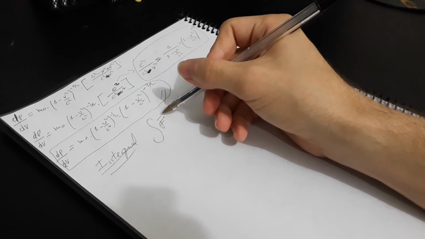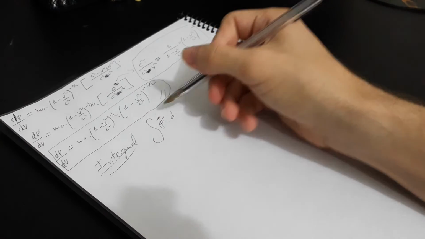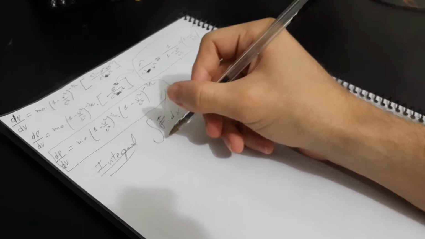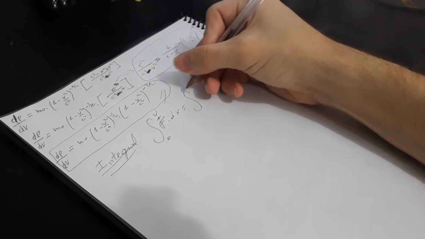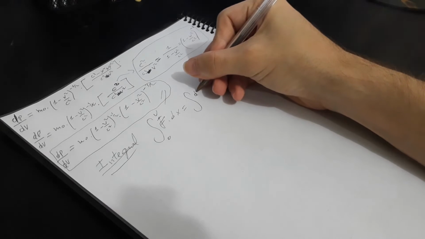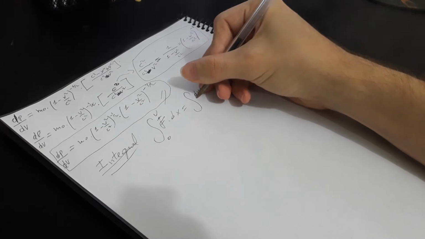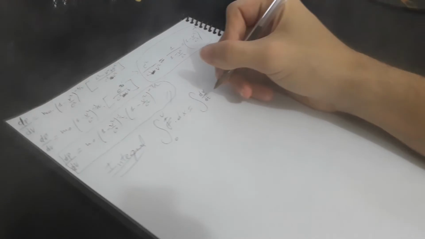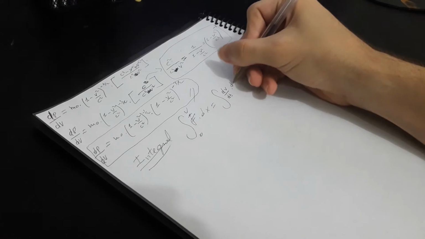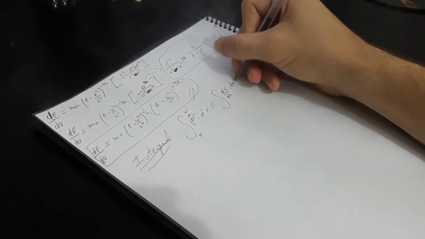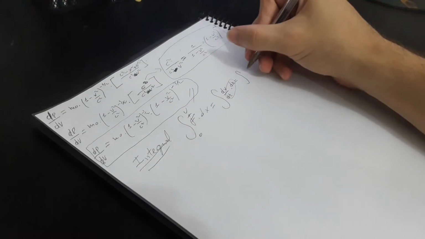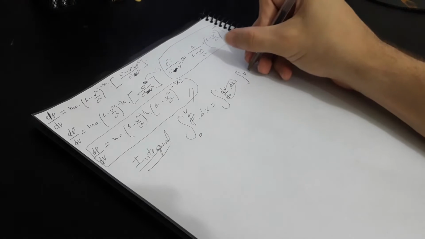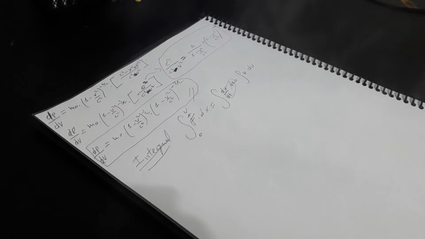This specifically integral, it's not a vector, so I will rearrange this. My force is dv under dt times dx, but this is my dv under dt.